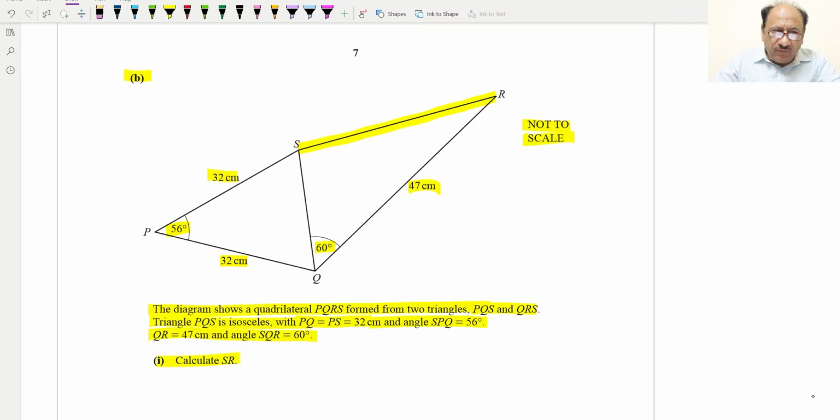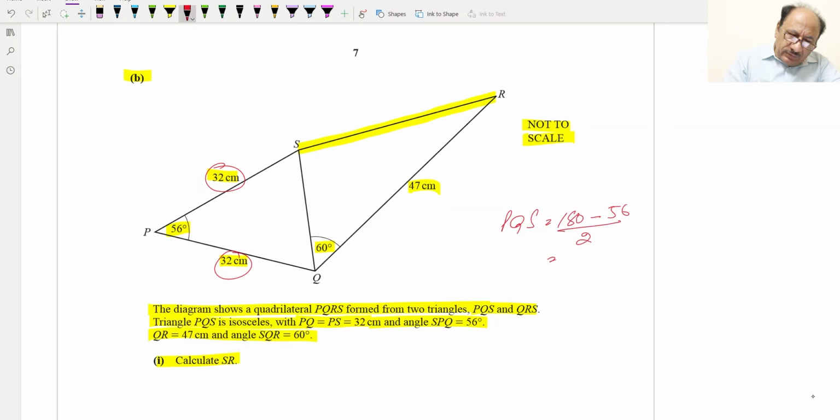QS, and how we can find QS? We can first of all figure out, because these two sides are equal, their opposite angles will be equal, and we can figure out the opposite angle. So 180 minus, we can write here basically PQS will be equal to 180 minus 56 divided by 2.